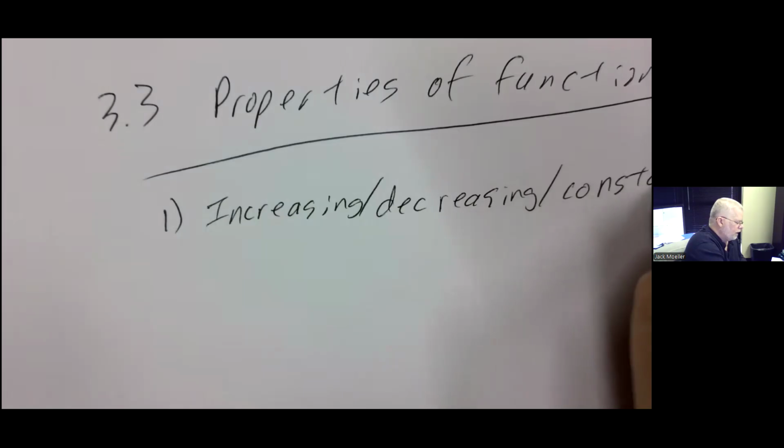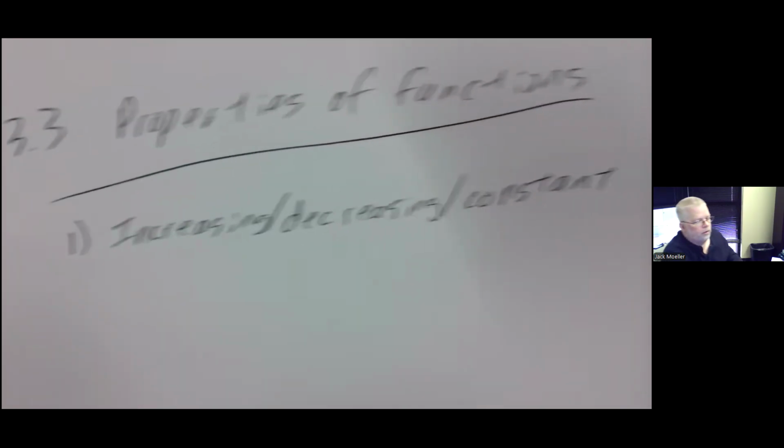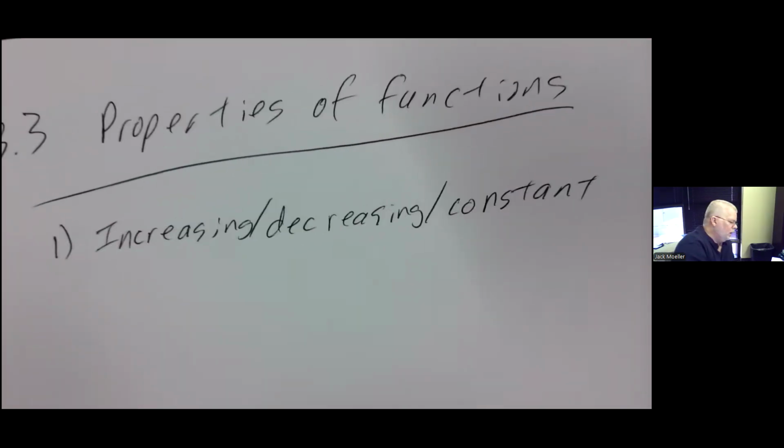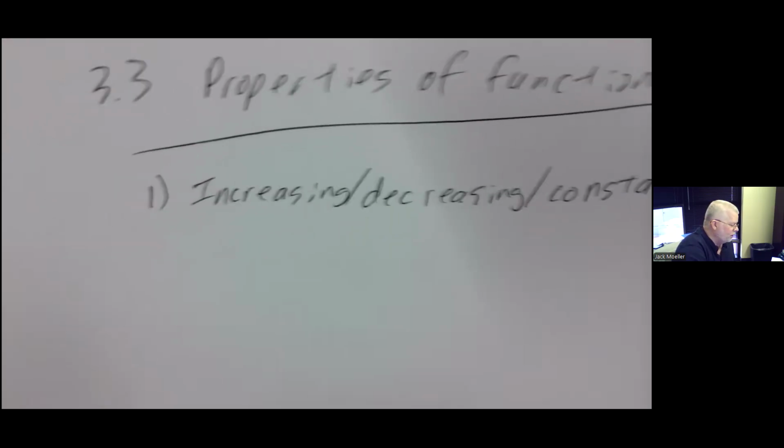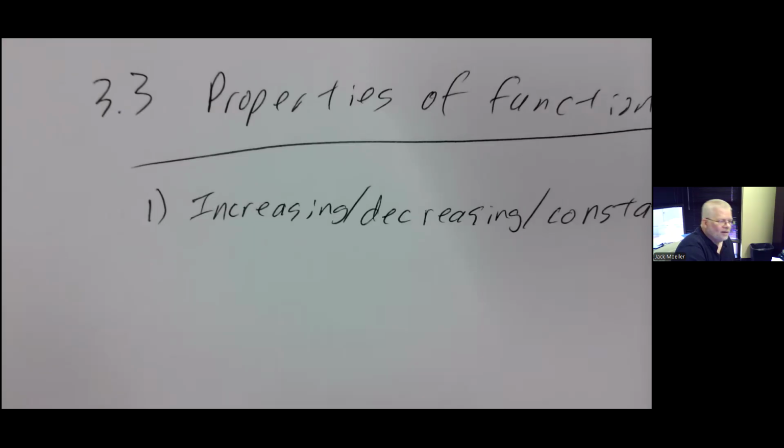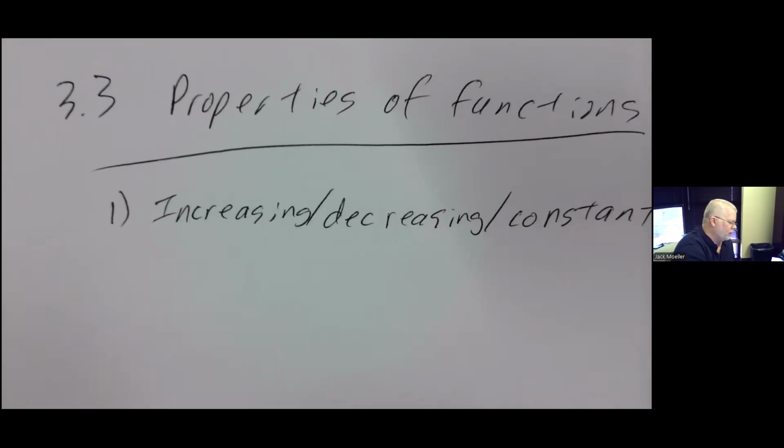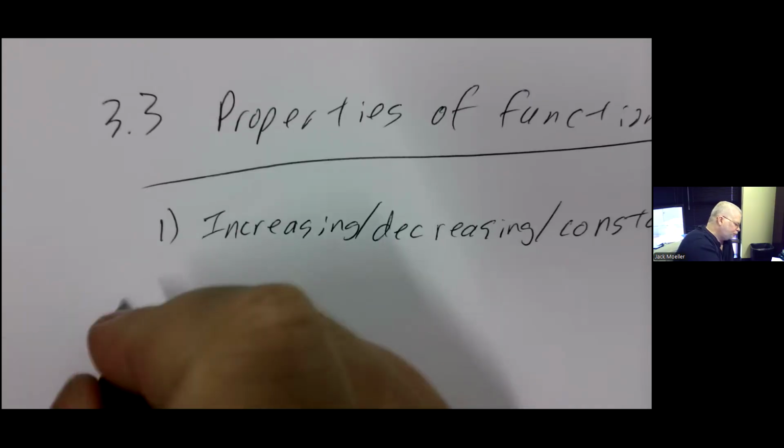If you think of a graph, and I ask you where is it increasing, where is it decreasing, you're probably going to jump to, is it going up, is it going down? And you'd be correct for the most part. It's more technical than that, but yeah. And then we'll talk about constant that goes along with it.